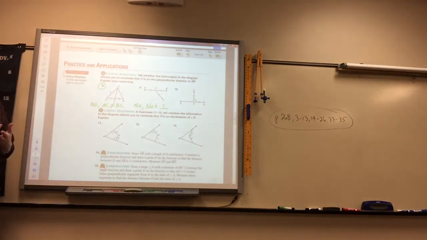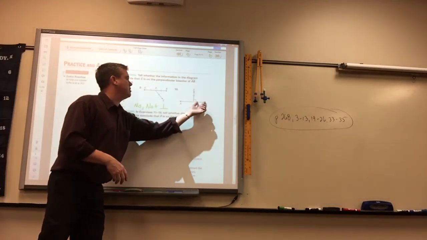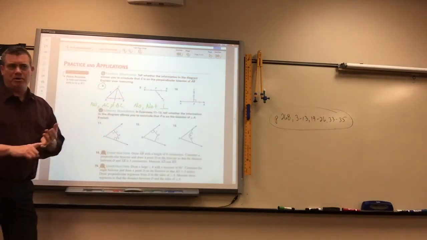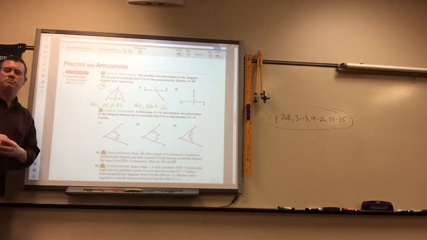So for 10, you know what you would put? It is perpendicular. AC is not the same as BC. They're not congruent. It's not bisected. It's got to be a perpendicular bisector.